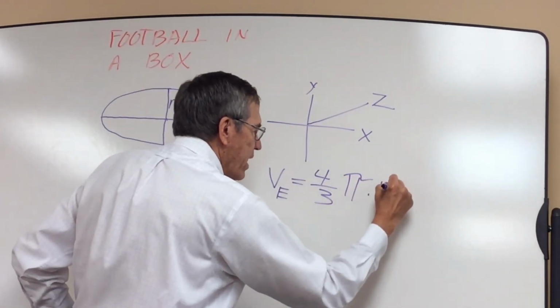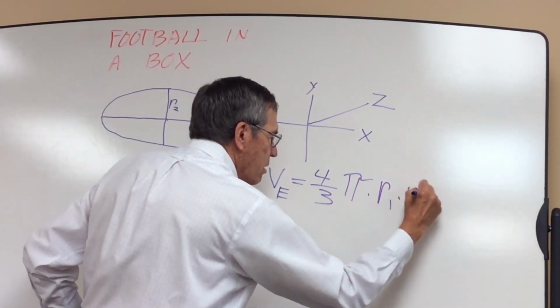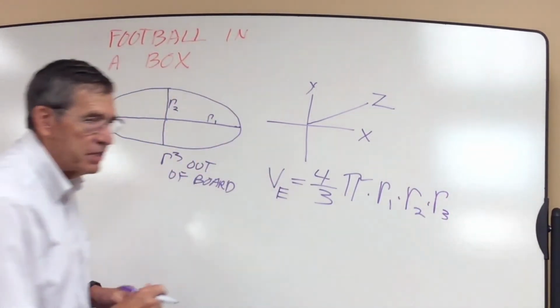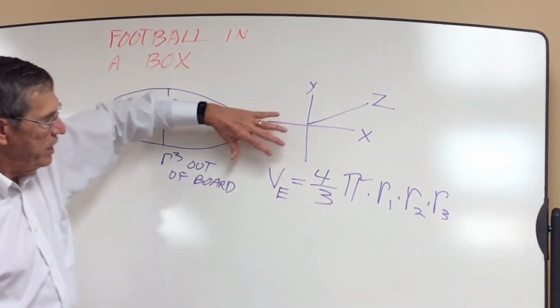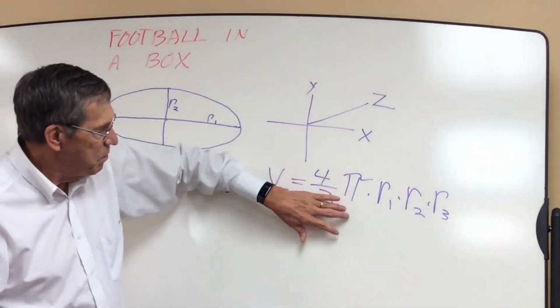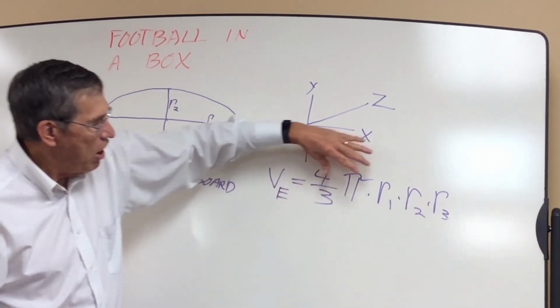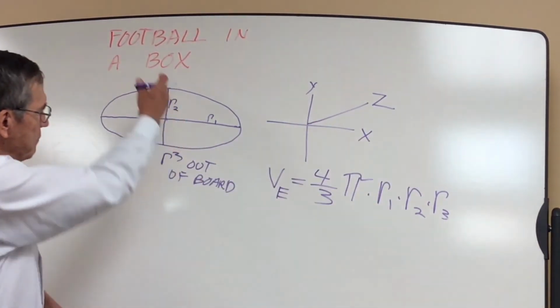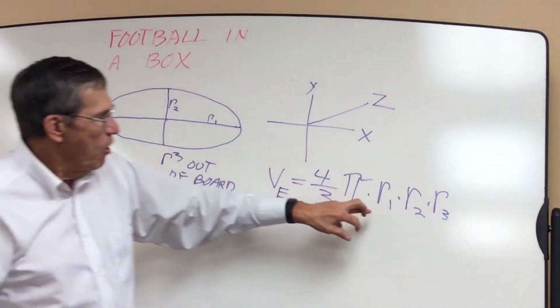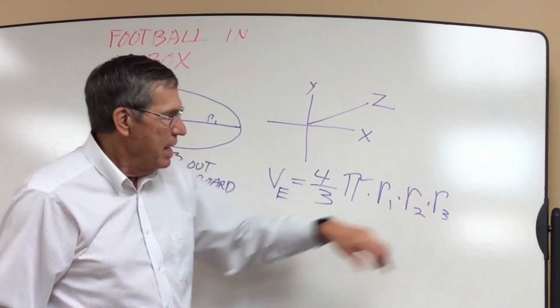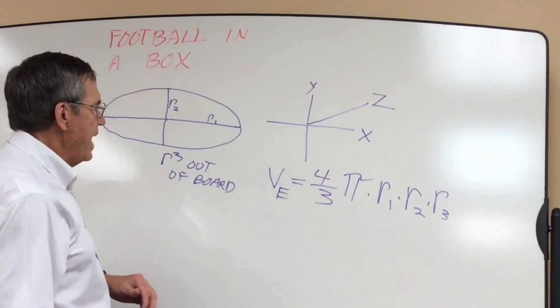We multiply R1 times R2 times R3. Now that's interesting because for a sphere, it's 4/3 pi R cubed. But since these R's can be different because of the different axes, we multiply them separately to create the volume. Okay? All right, so let's do that.